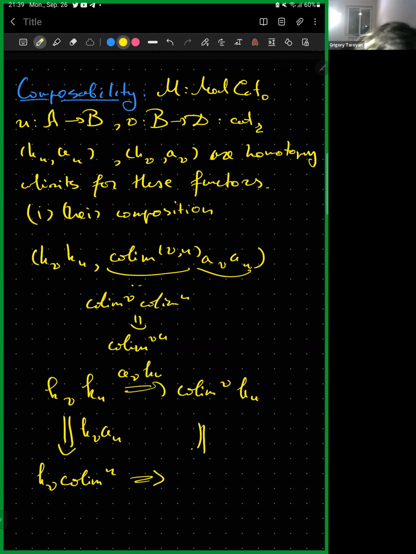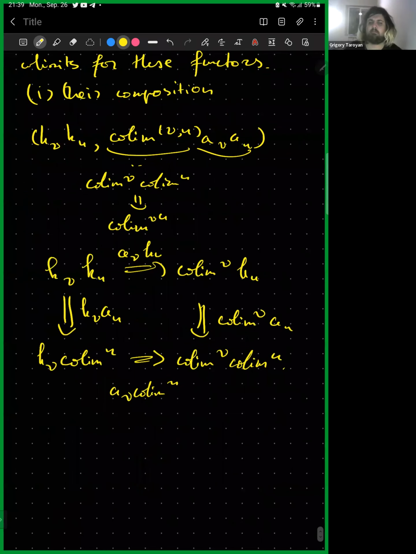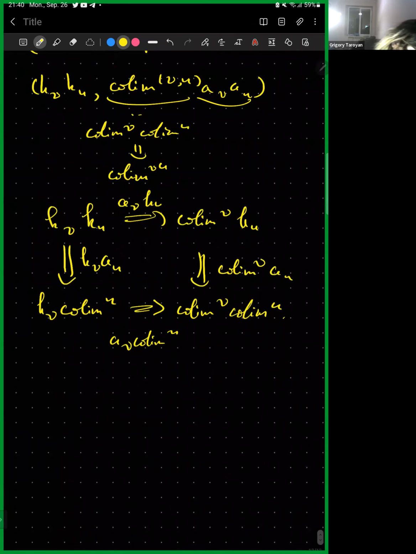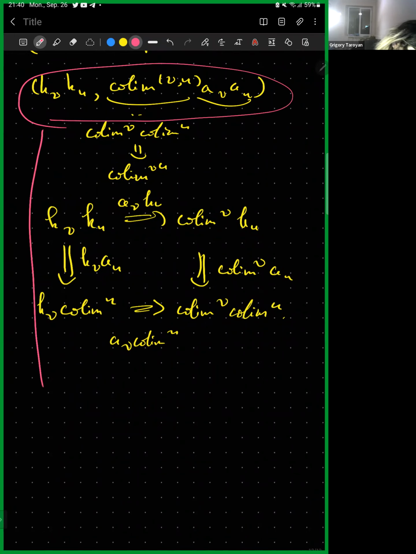And finally, here we have colim V, AU, AV, colim U, and we obtain colim V, colim U. And so this composition, this thing here, is a homotopy VU colimit.